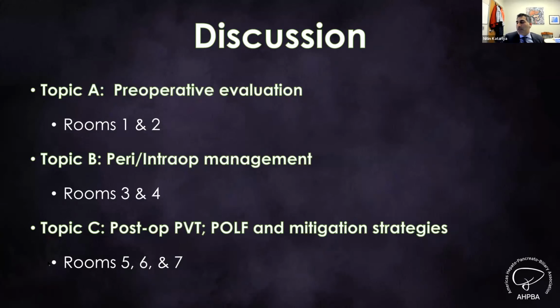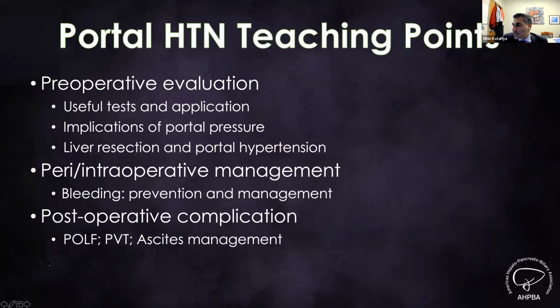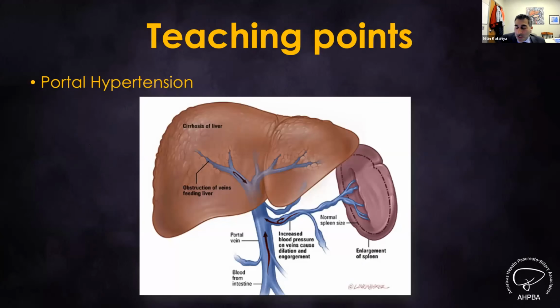Anybody consider transplanting this patient up front? No. The guys south of me in Houston would. Just asking. We're not doing any. Yeah, there's a recent review that just came out of hepatology talking about that a little bit.